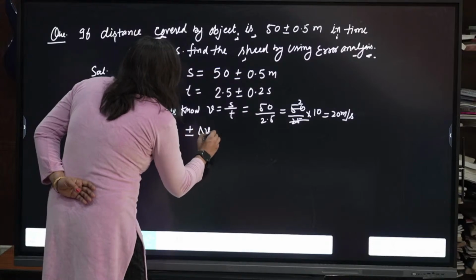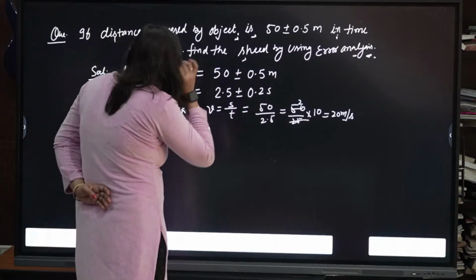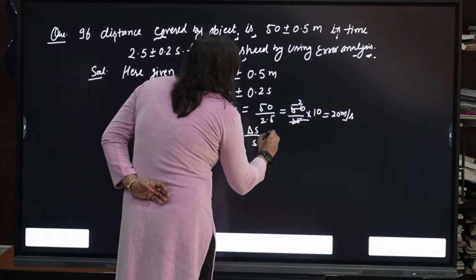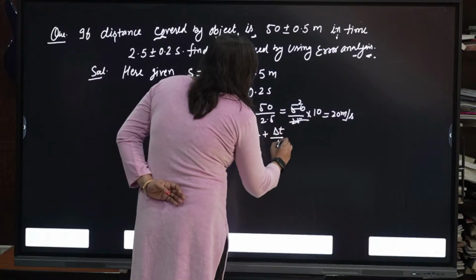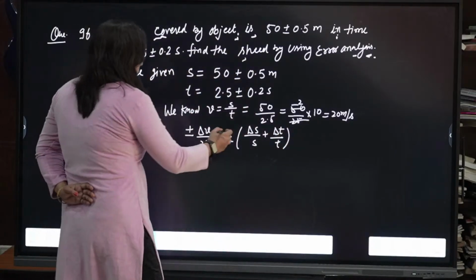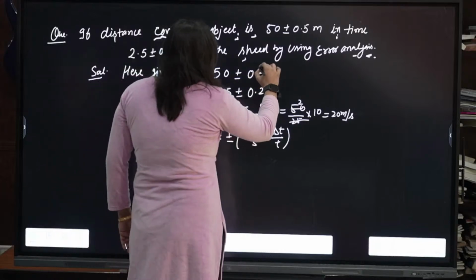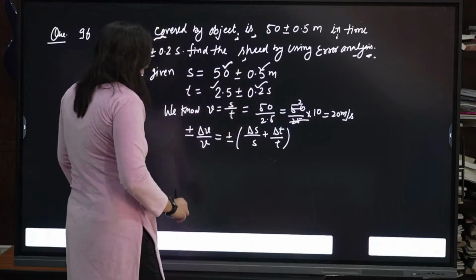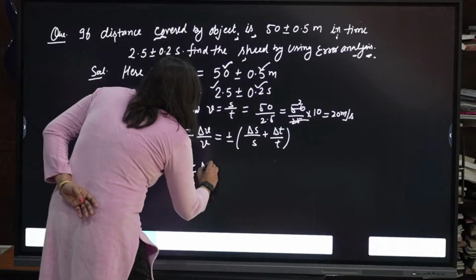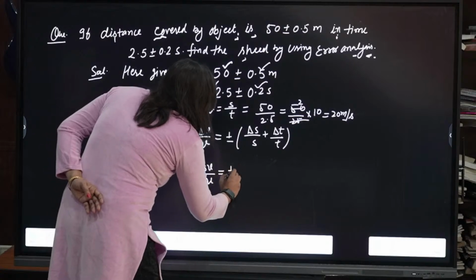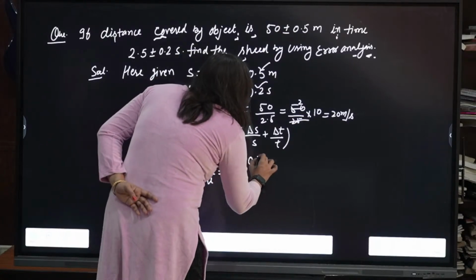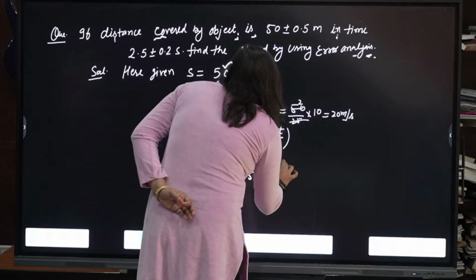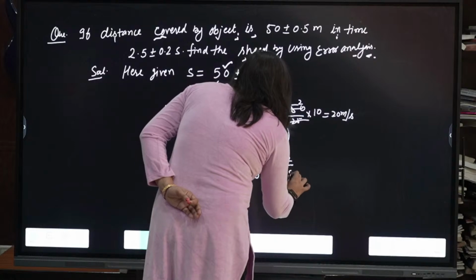Plus minus del V by V is equal to plus minus del S by S plus del T by T. By putting all values here, it is del S and it is del T, it is S and it is T, plus minus del V by V is equal to 0.5 by 50 here, and plus 0.2 by 2.5 here.